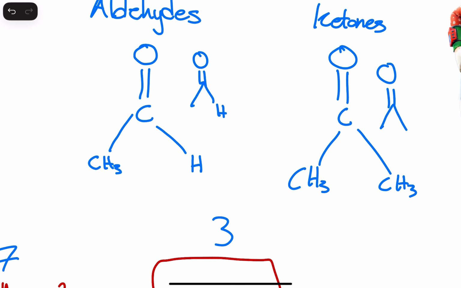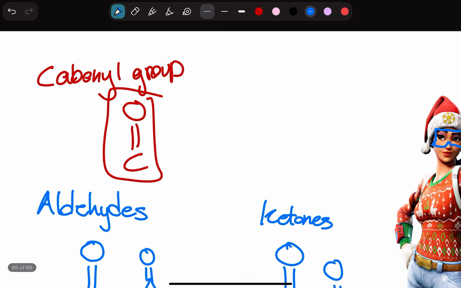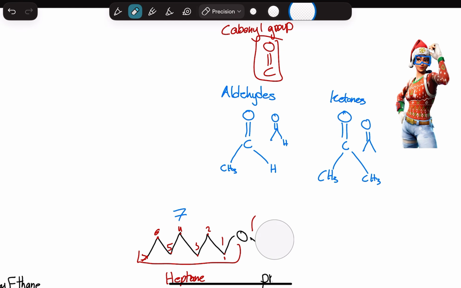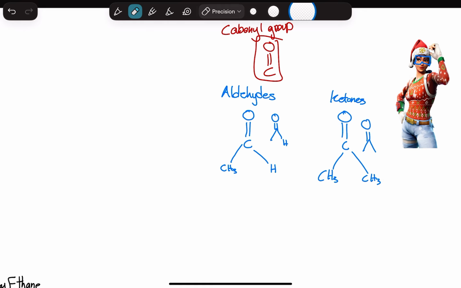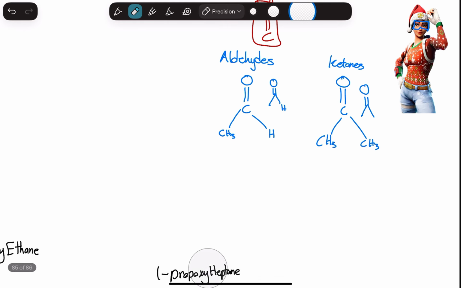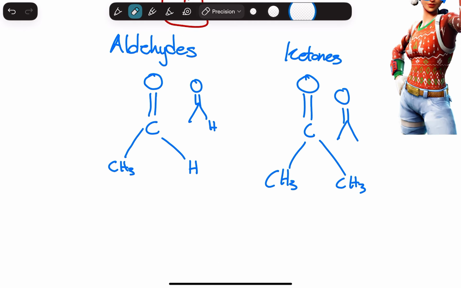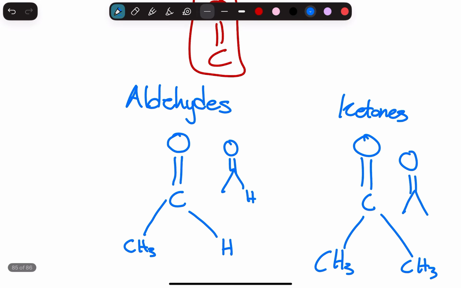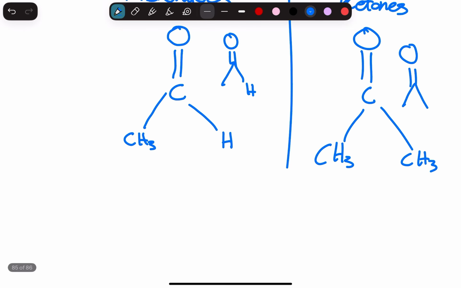So for an aldehyde, you'd have something like this. Let's erase this. Make some space down here. Okay, so let's say we have something like this. Let's split them up.